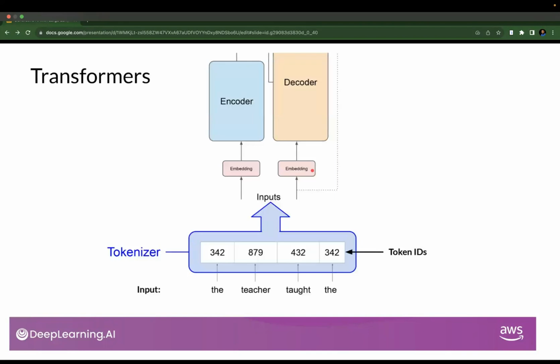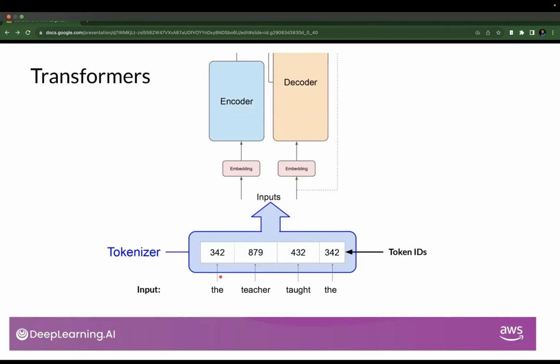Let's do that now. In order to go through examples, let's first understand embeddings. Computers don't actually work with words or alphabets as humans do. Rather, they translate them into numbers, or an array of numbers, which are the representation of different words.